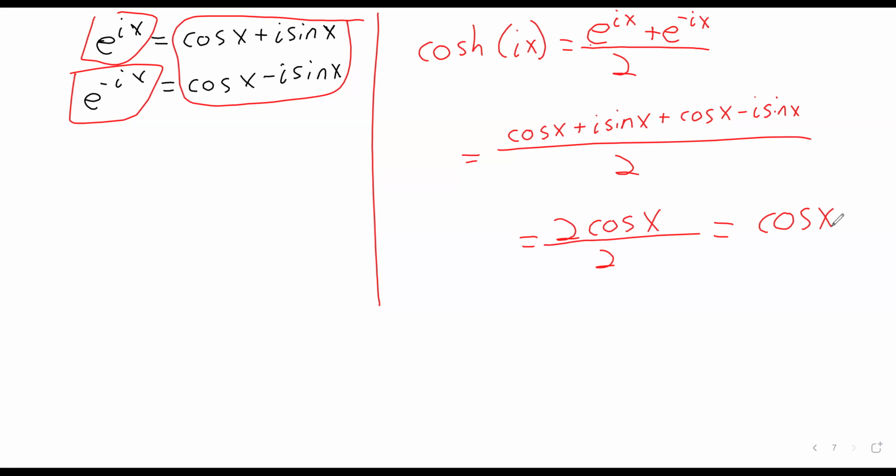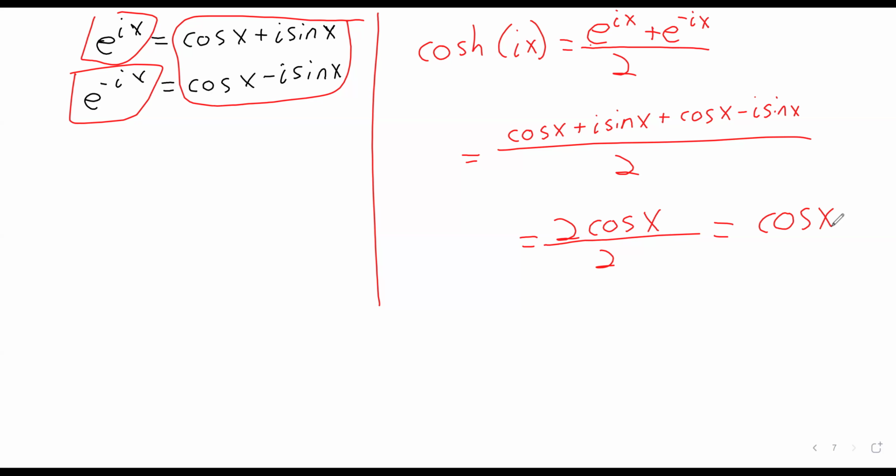So there's this relationship between the cosh and the cos, the hyperbolic cosine and the regular cosine, which is that they're off by an i. If we take a number and we make it purely imaginary, then the cosine turns into the hyperbolic cosine, essentially.